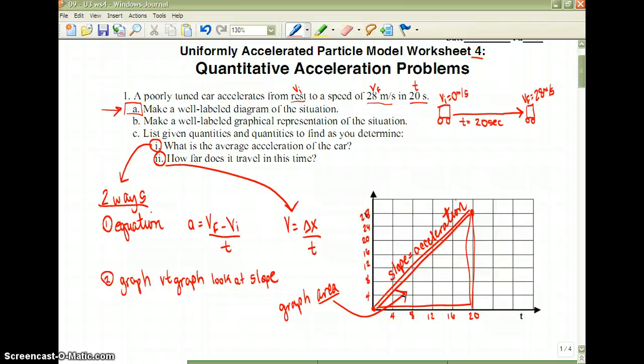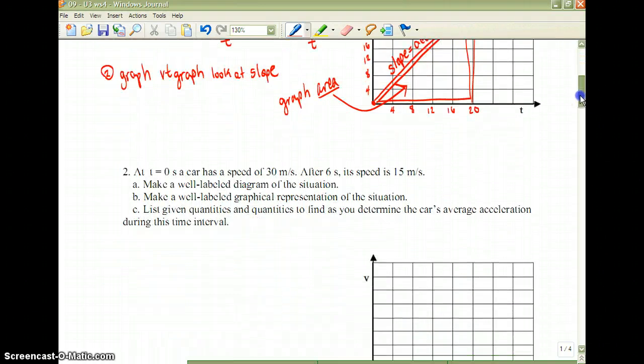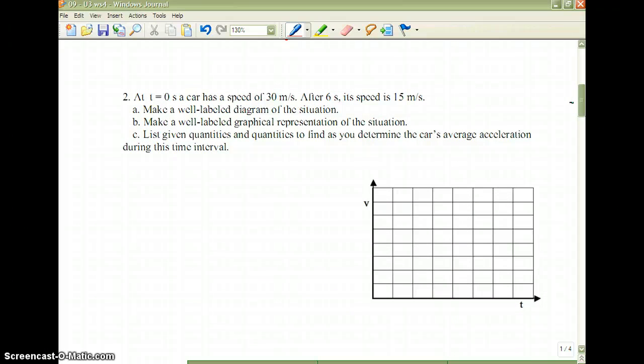I want to give you multiple ways to look at these problems when you're thinking about solving them. For each part, yes, I'm making you do both a diagram and a graphical representation. But once you get to part C, you can use either one you want, whether you like the math or using the graph.